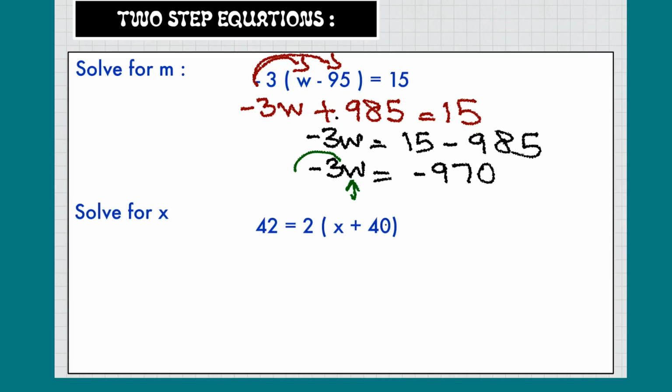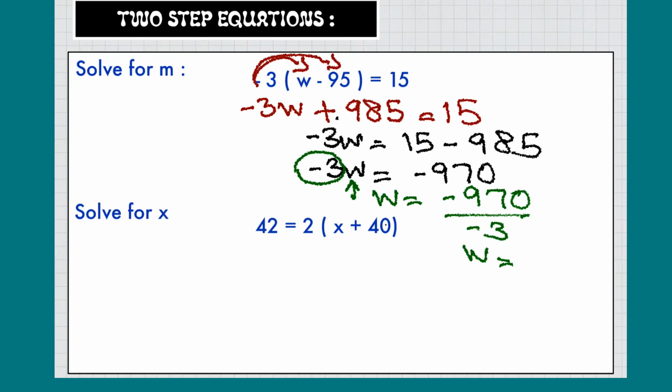Minus 3 is times w, so I'm going to divide minus 970 by minus 3, which gives us w equals 323.33. The minus and minus sign will cancel with each other, and then we have w equals 323.3.